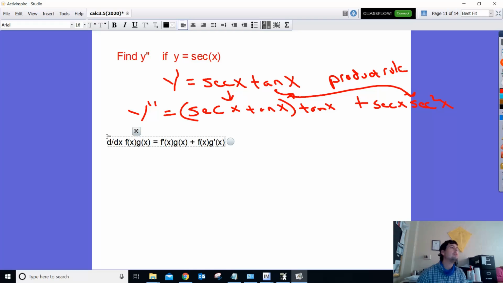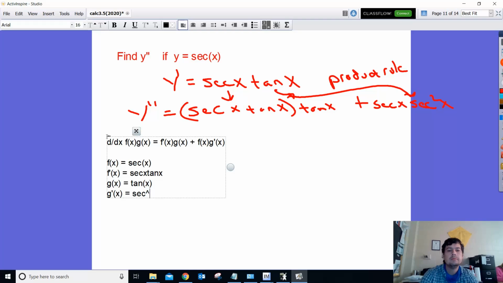Which may not be what you wrote down on your piece of paper, but it's the same thing. I let f of x be secant, so f prime of x is secant x tangent of x. I let g of x be tangent, which makes g prime of x secant squared of x. I just did that, okay?